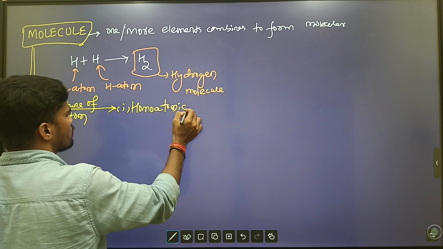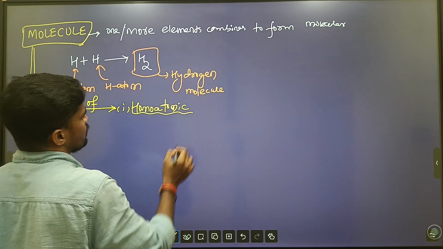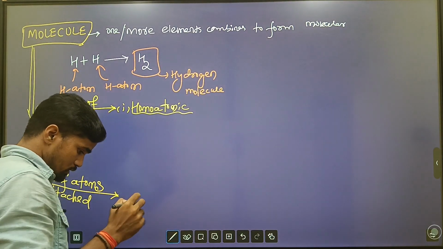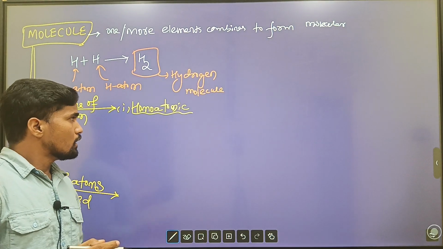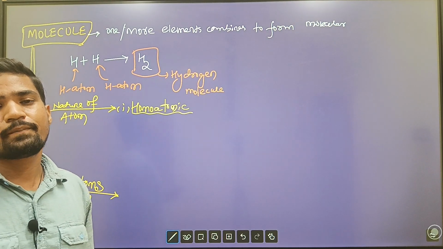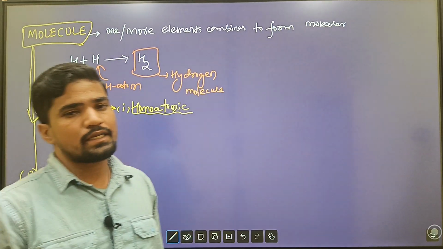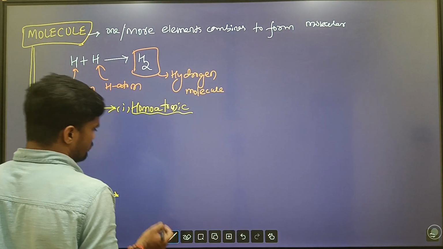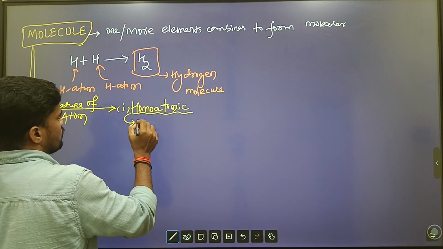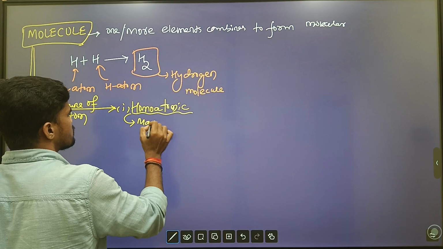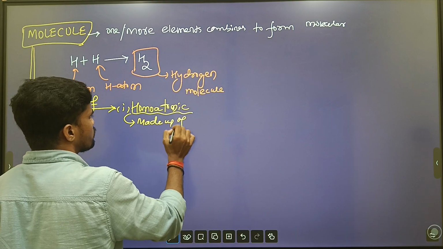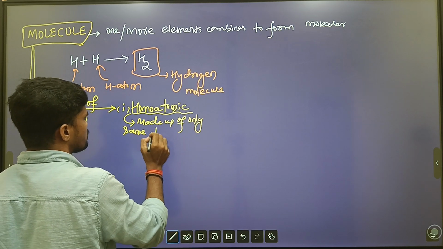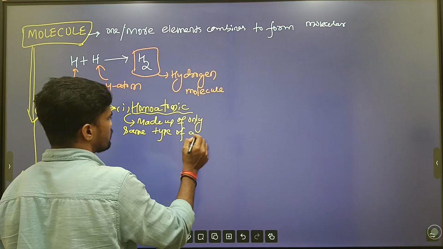होमोएटॉमिक मॉलिक्यूल, ठीक है बेटा। तो होमोएटॉमिक मॉलिक्यूल्स क्या, जो एक ही टाइप का एटम्स को लेके प्रिपेयर होता है। Homoatomic molecules are made up of only the same type of atoms.